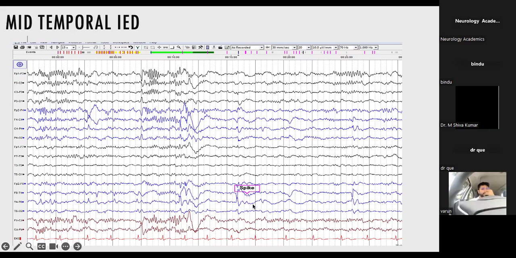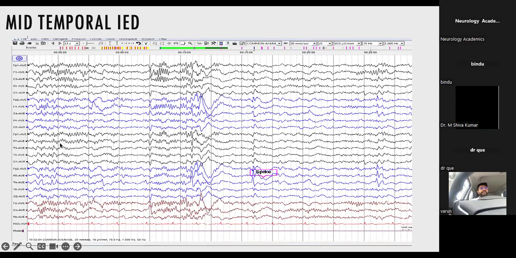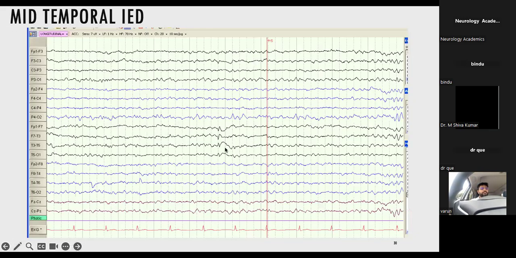T3 and T4 are the mid-temporal electrodes. The corresponding common average shows maximum peak at T4. It's a mid-temporal IED. Another EEG with bipolar montage shows phase reversal at T3.